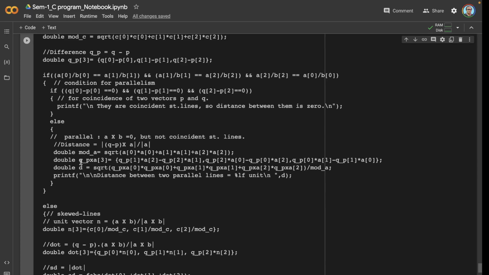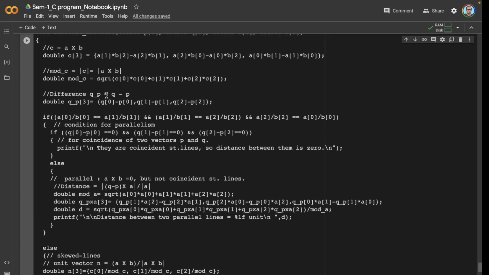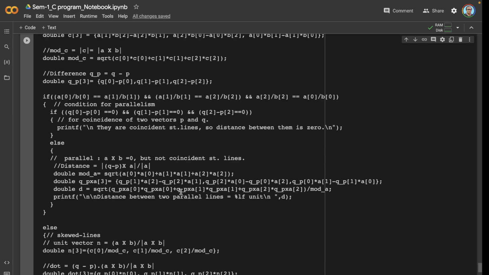This means q minus p cross a. Q minus p we already found as this vector, and the a vector is a0, a1, a2. So for q minus p cross a, we put here three components: first component, second component, and third component.